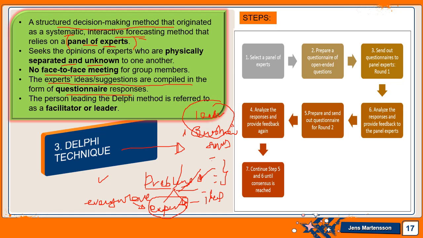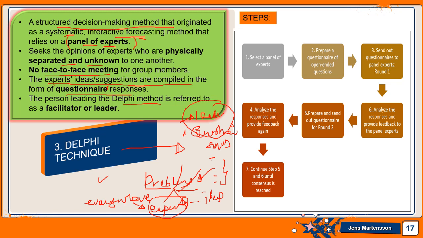Okay. Ada expert yang ada dekat Ghana, ada dekat Bangladesh, ada dekat India, ada dekat America, New Zealand, Australia and so many other places in the world. So these questionnaires will be sent by this leader to these experts everywhere in the world to answer. Okay, so that is the way ideas are gathered.